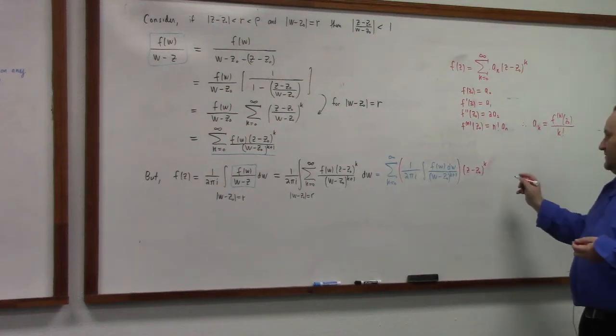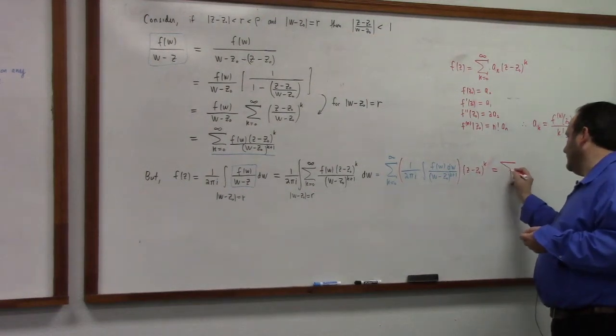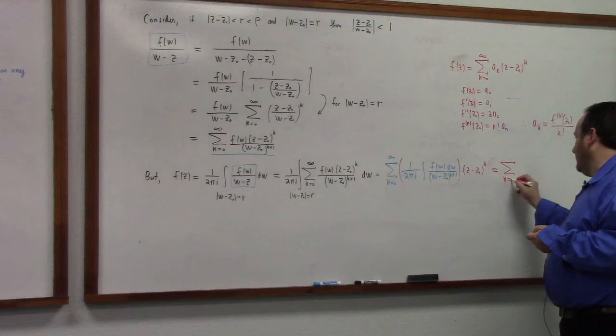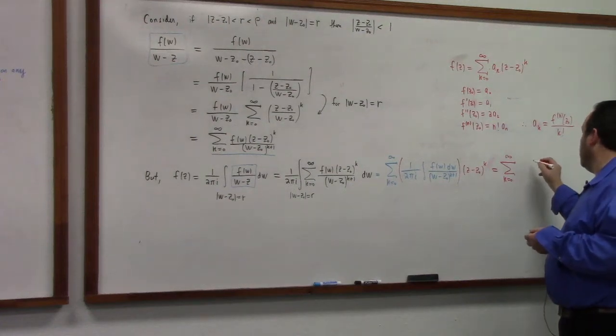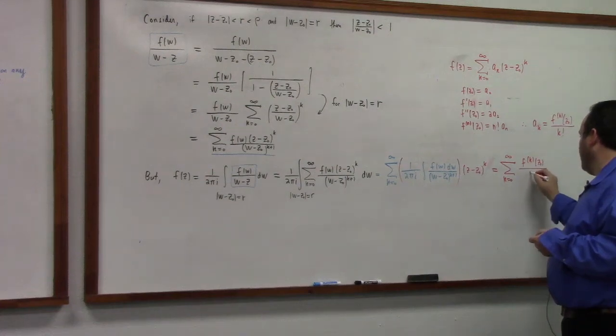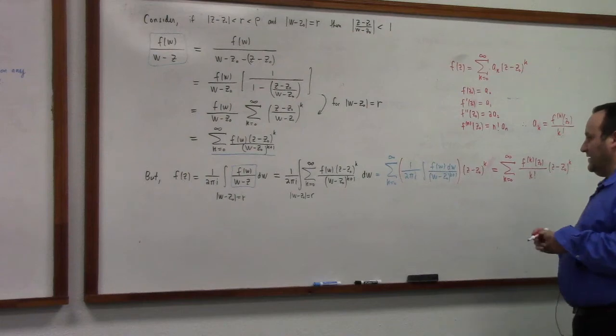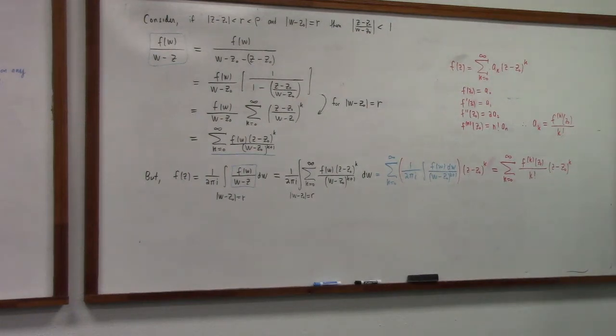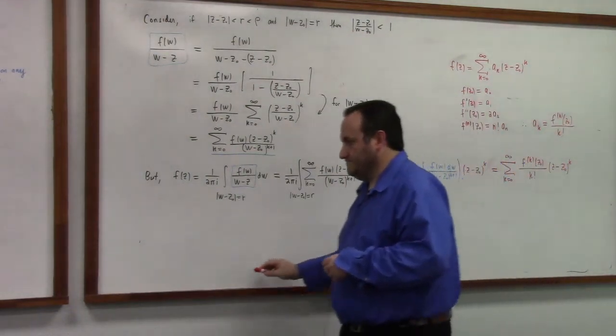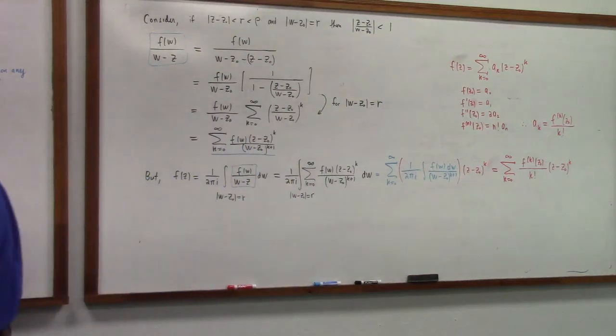So my point to you is we could just as well write this as the sum, k equals 0 to infinity, of the kth derivative at z naught divided by k factorial times z minus z naught to the k. And if you do this, what does this mean? What do we see?